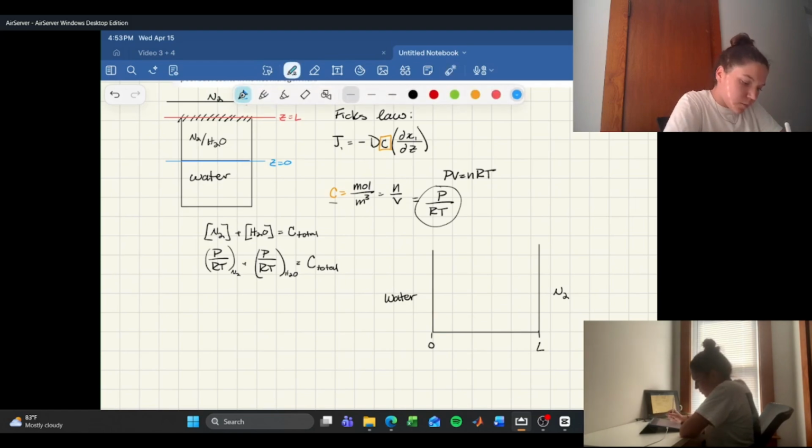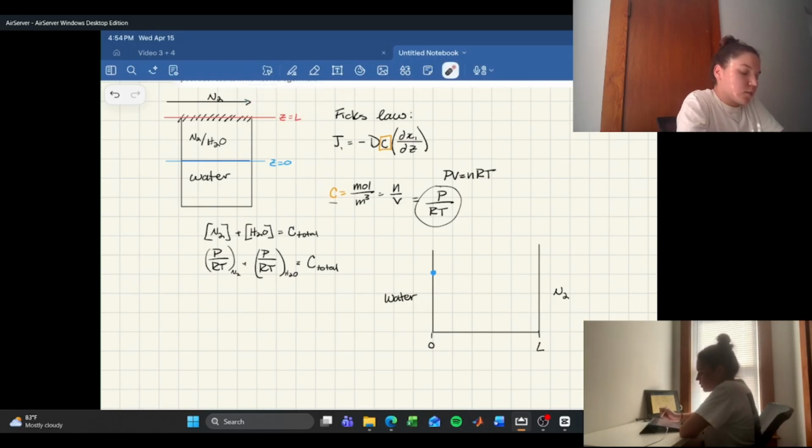This is where water is going to be at the highest concentration. So let's put that about here. And then as the water diffuses, it's going to have a lower and lower concentration until it's fully evaporated.